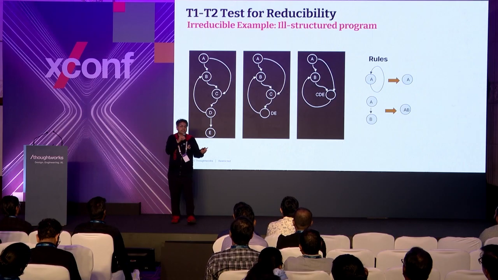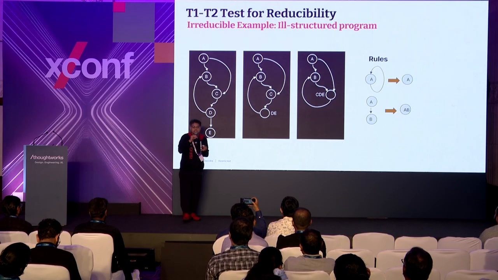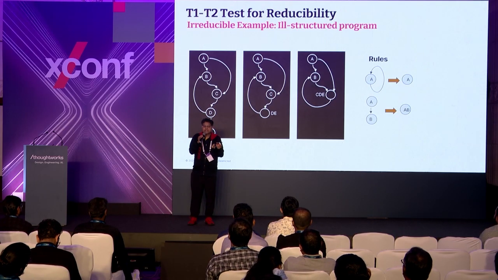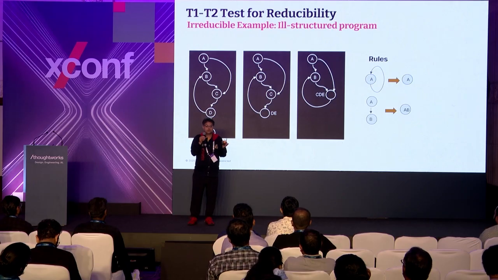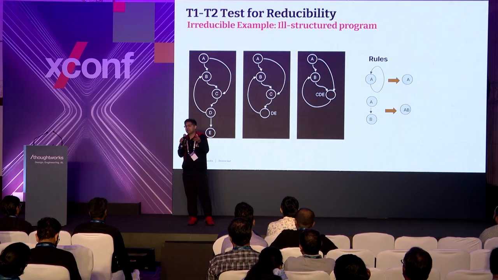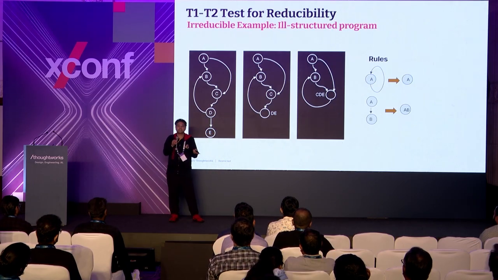So if you have a goto jumping around randomly, you cannot easily convert that kind of program into a well-structured program, the kinds of programs and languages that we usually write in.